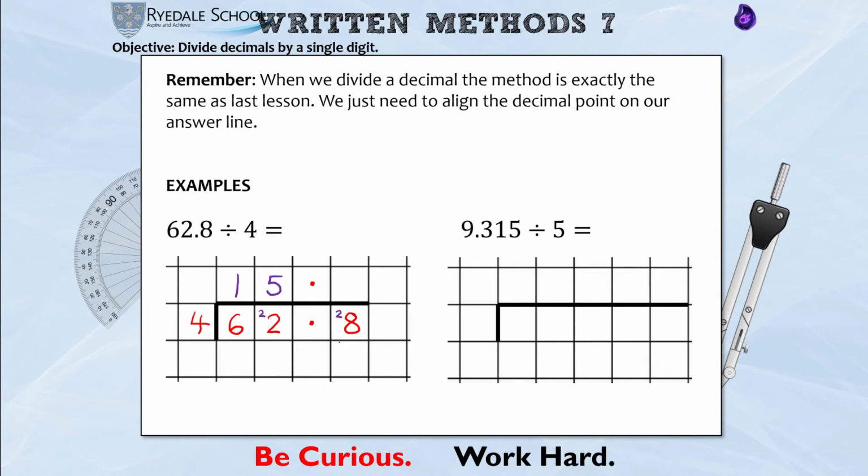And how many times does 4 go into 28? 4 times 7 is 28. So the answer to the first one is 15.7. So it's just a matter of remembering to put the decimal point in and remembering to line it up on your answer line.